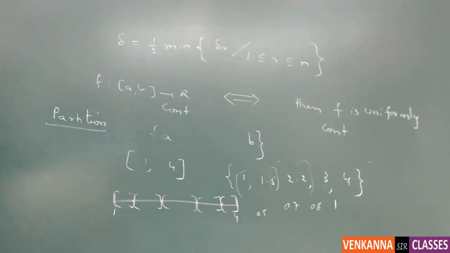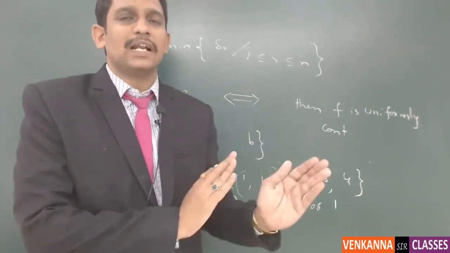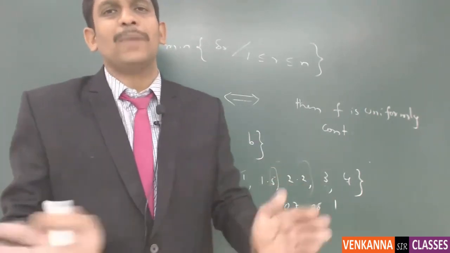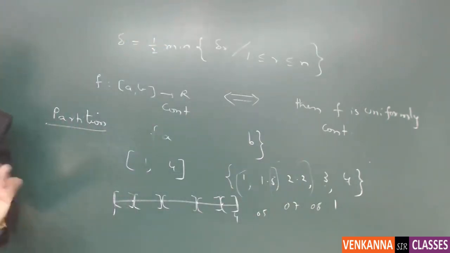So if I choose delta this way, then obviously for a given epsilon, the function will become uniformly continuous. This is the theoretical procedure for choosing a delta on a closed interval. Are you clear? Yes or no?